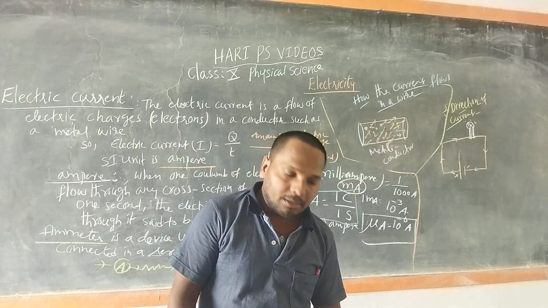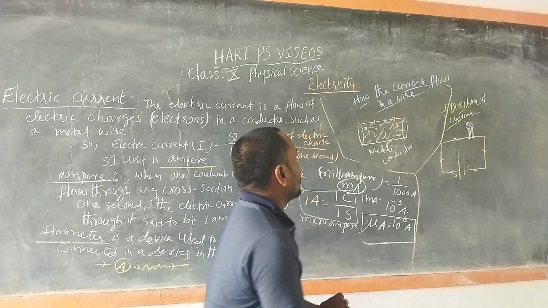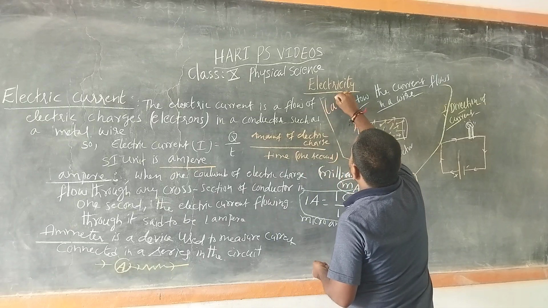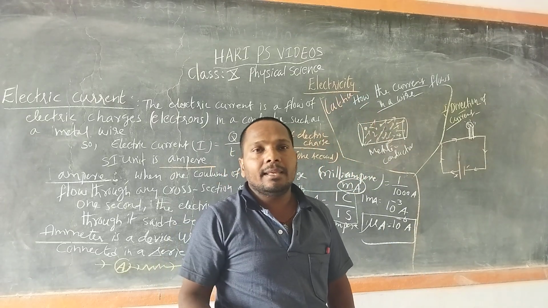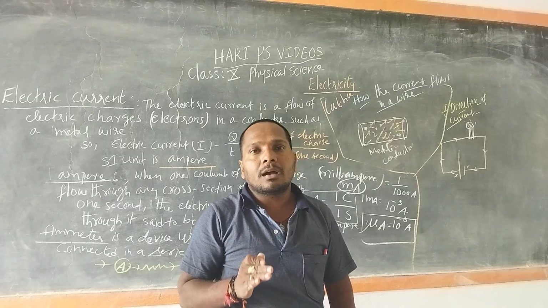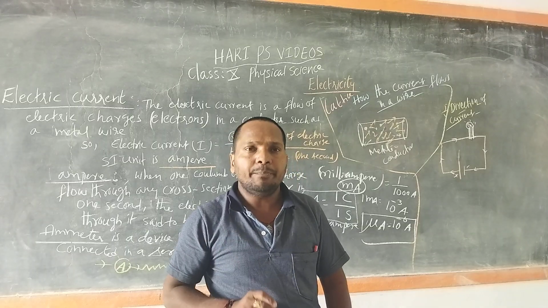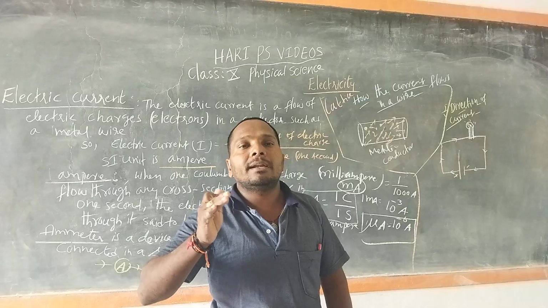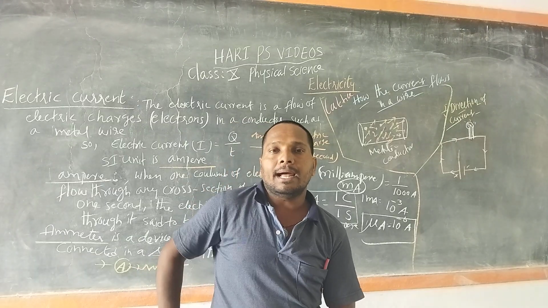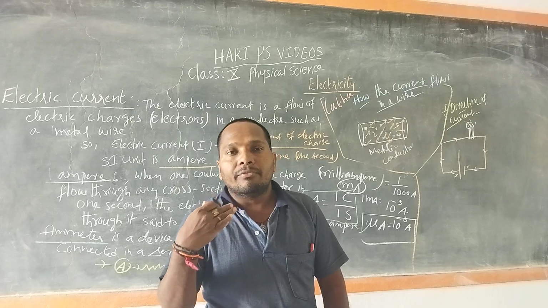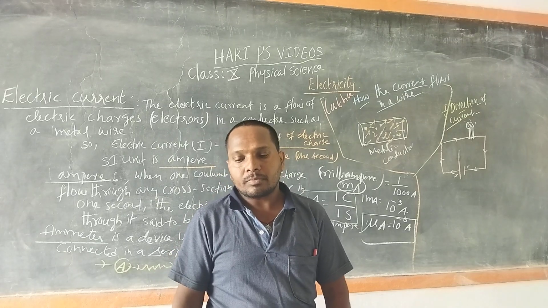That particular space is called a lattice. In a lattice, electrons move continuously in different directions. Electrons move randomly in their lattice, in different directions.